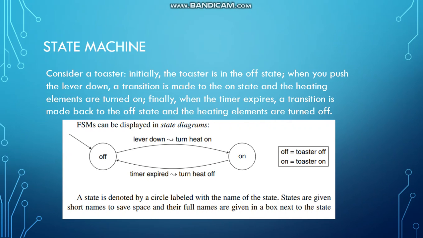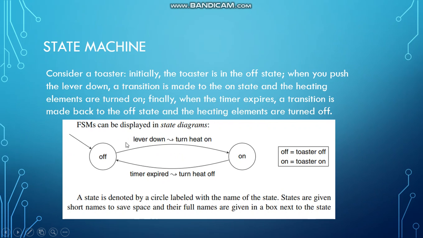So it changes the state from off to heating elements turned on. Finally, when the timer expires, a transition is made back to the off state and the heating elements are turned off. This example of a toaster can be displayed using state diagrams.